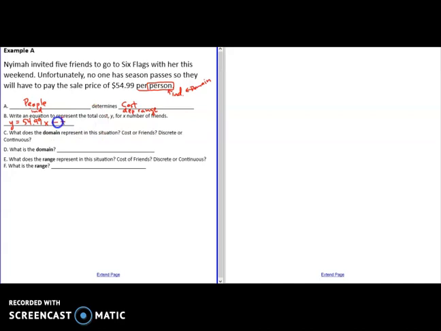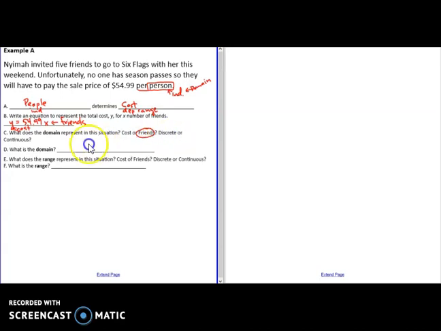So this is friends, this is total cost. I want to know what all these pieces mean. If I know the language, then math isn't so complicated and mysterious. All right, next it says, what does the domain represent in this situation? Well, we already said domain is our people because it's the independent, so it's our friends.